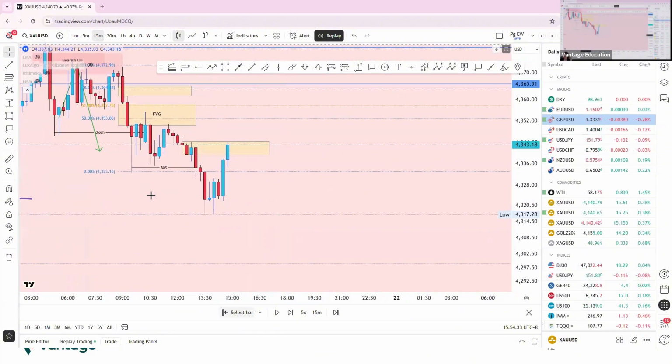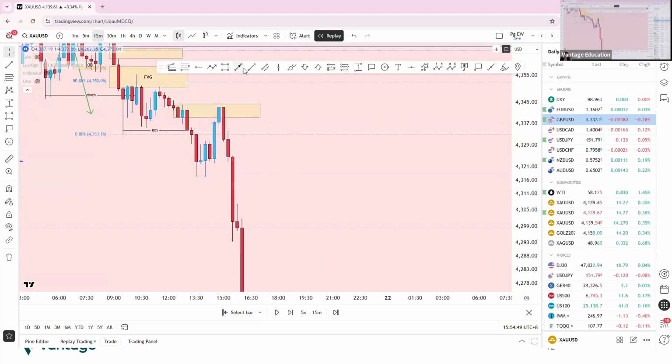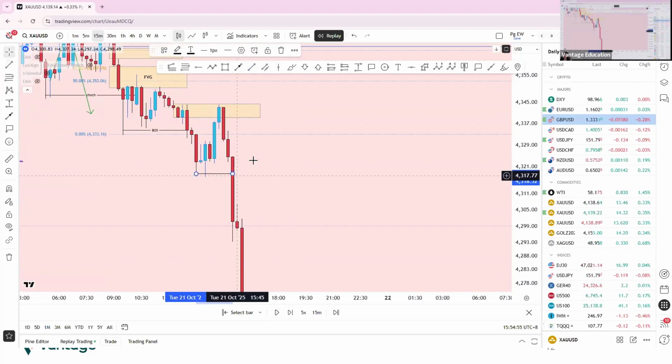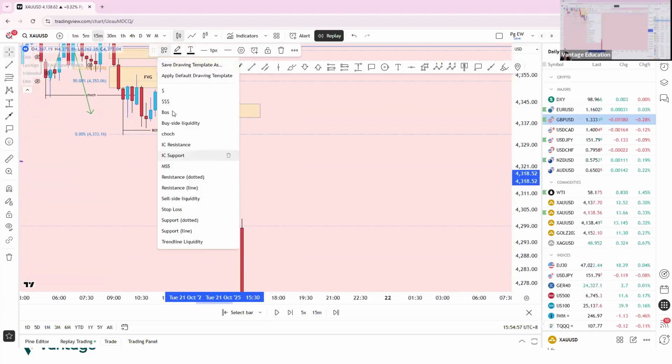Okay, the break of structure. Okay, lower low, lower low, lower high, lower low, lower high, lower low, should be a lower high here. Okay, right, boom, right? And what do you see? It keeps falling right here. BOS.